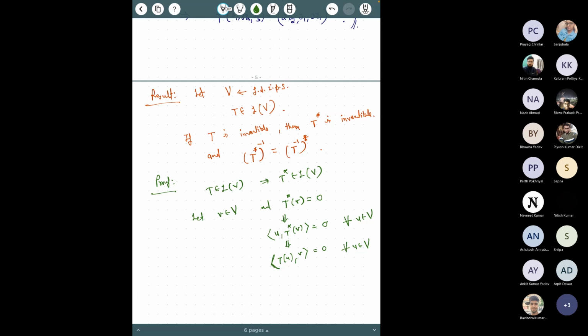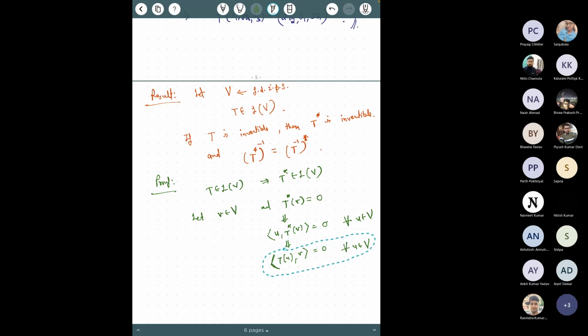This is true for all u in V. Now can you tell me from here how to conclude that v is 0? So here u is free. This expression is true for all u. So I should choose this u in such a way that it gives me what I want, that means v is 0.